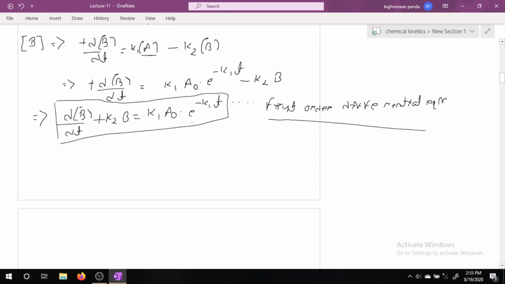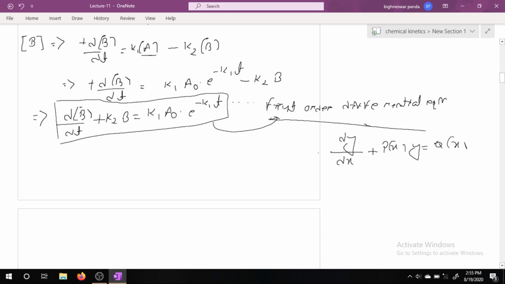It's just like your first order differential equation, which has the general form dy by dx plus P of x times y equal to Q of x.